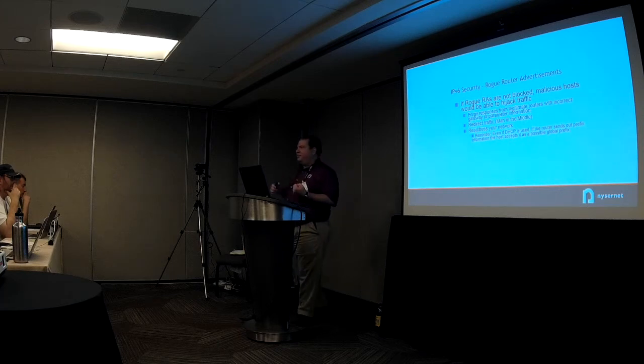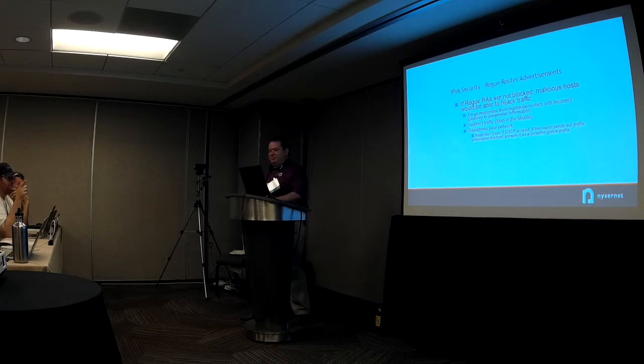So Dave, you have a comment? I'm going to say, if you go back 20 slides, you said, hey, if you're doing v4 only, this is the problem you have. This is one of the big problems.